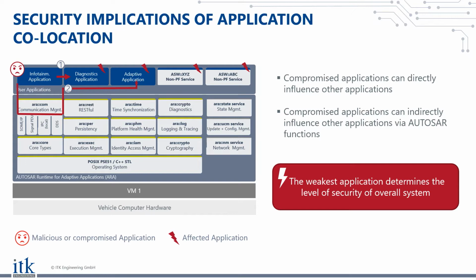Without any further security measures, the weakest application determines the level of security of your overall ECU, because the attacker only has to get control over one application in order to influence the functionality of all other applications.